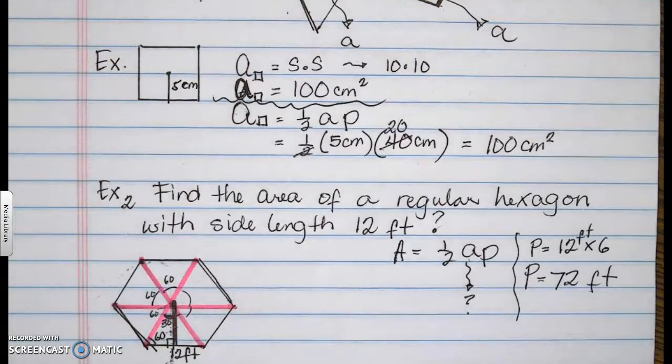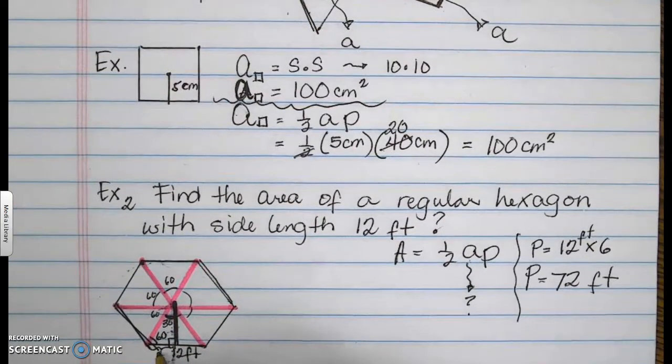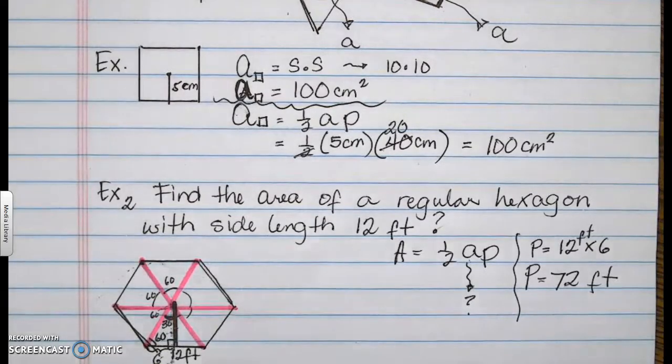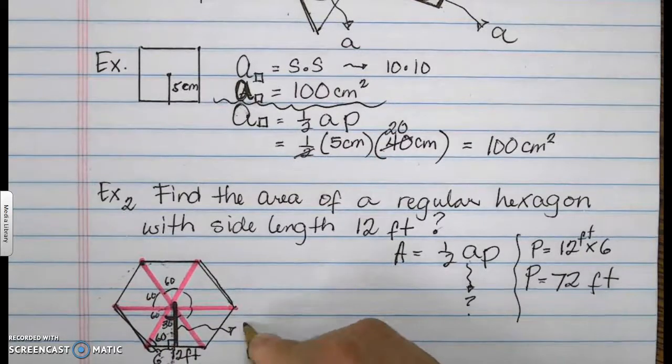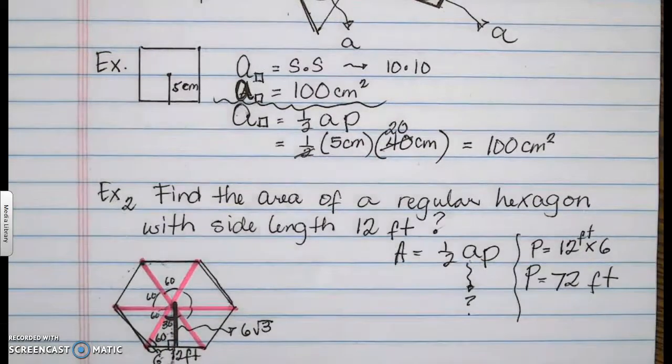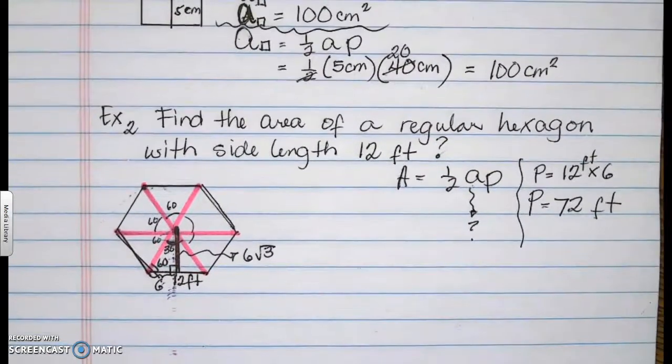Therefore, I can have some measurements given to me because I know that half of this one right here is 6. And I know that this is going to be 6 square root of 3. We already discussed that on our 30, 60, 90 topic.